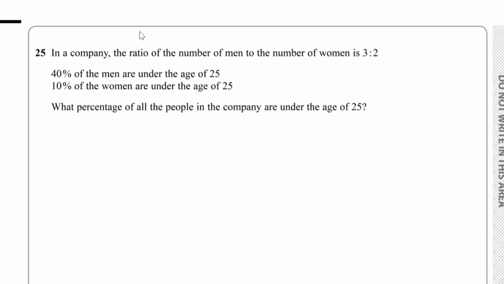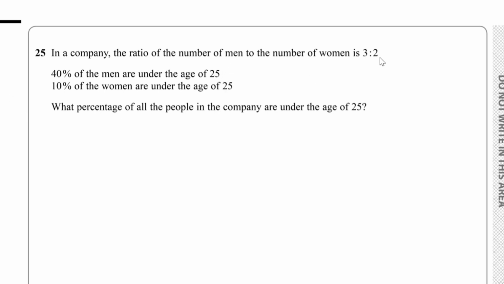Question number 5. In a company, the ratio of the number of men to the number of women is 3 to 2. 40% of the men are under the age of 25 and 10% of the women are under the age of 25. What percentage of all the people in the company are under the age of 25?